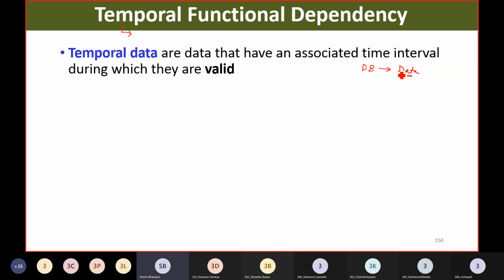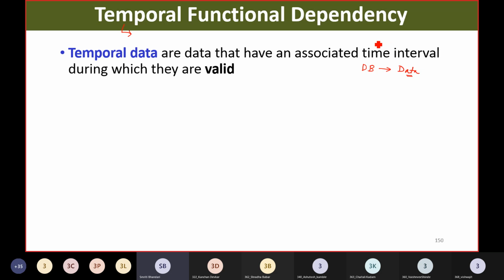We have lots of data in our database system, but it is not necessary that all the data is valid at all times. Some data is valid for a particular time interval. So the data which is dependent on certain time intervals is known as temporal data.